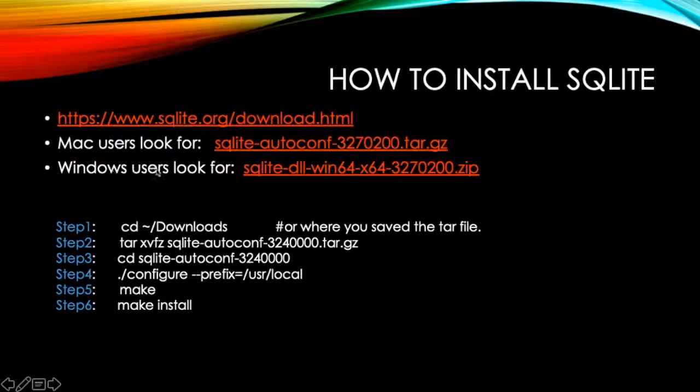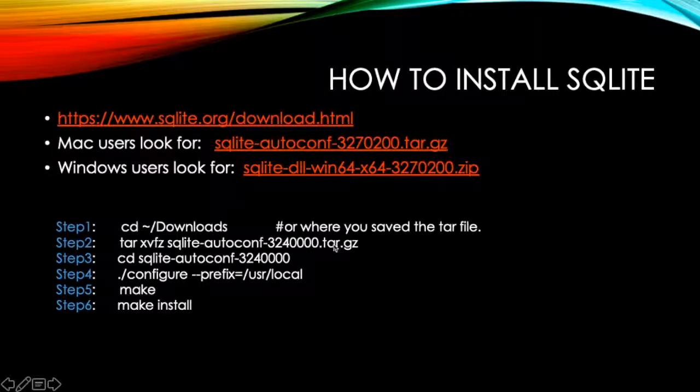And we have Windows, so if you're using Windows, you're going to be looking for a file in this format. And then here on the bottom, I have some steps for how you can install it on your MacBook. So step 1, after you download this file, you go into that folder where you downloaded it, and then you untar that file, because right now you can see it's a tar file, so it's zipped.